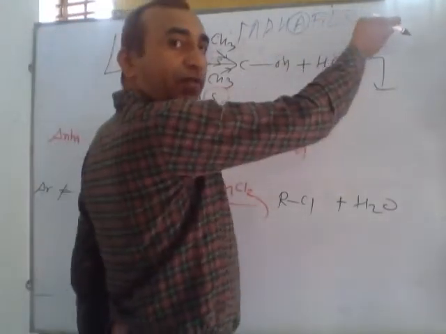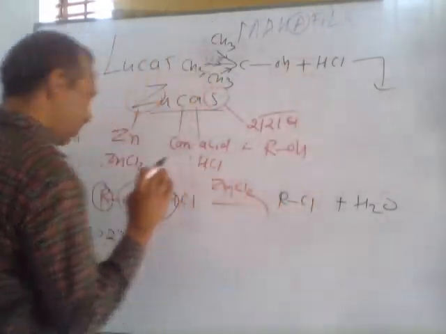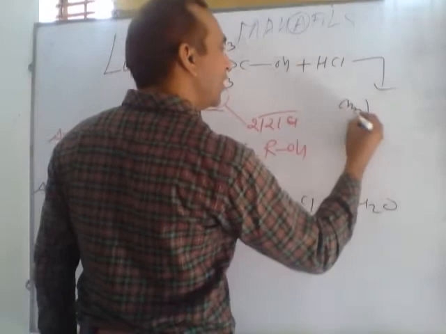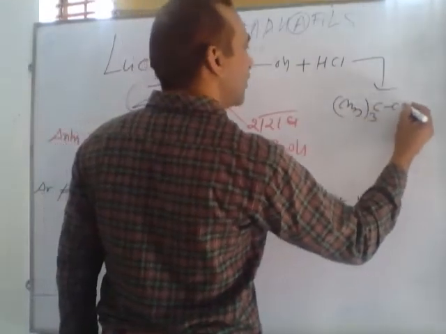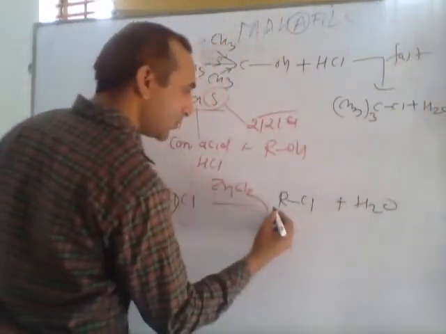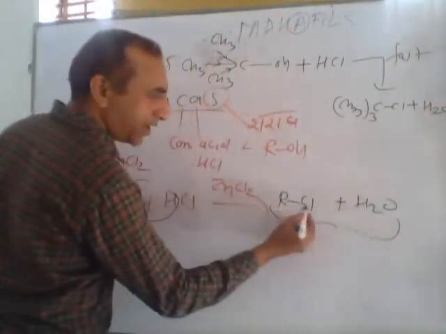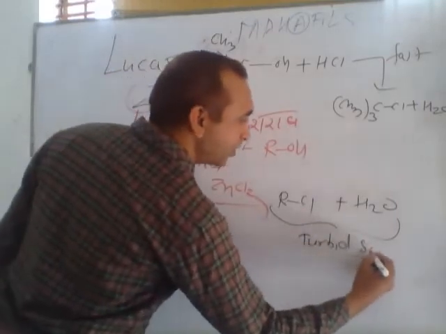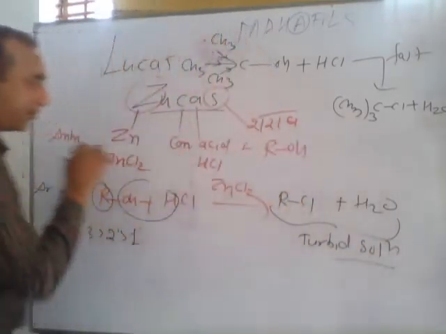After the reaction, (CH3)3CCl along with water will form. Very fast reaction. So the mixture of RX and water gives a turbid solution. Turbid solution means hazy solution.